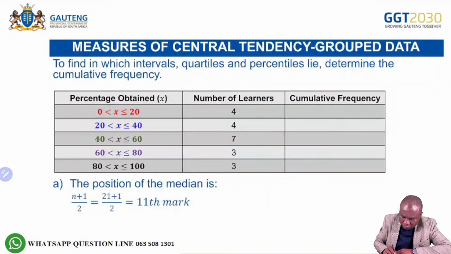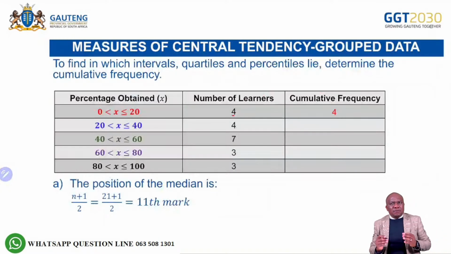So we have a frequency of 4 here, and then the cumulative frequency is 4. What is the meaning of this cumulative frequency? Remember, our data set is arranged in ascending order from the smallest to the highest, from 0 to 100%.